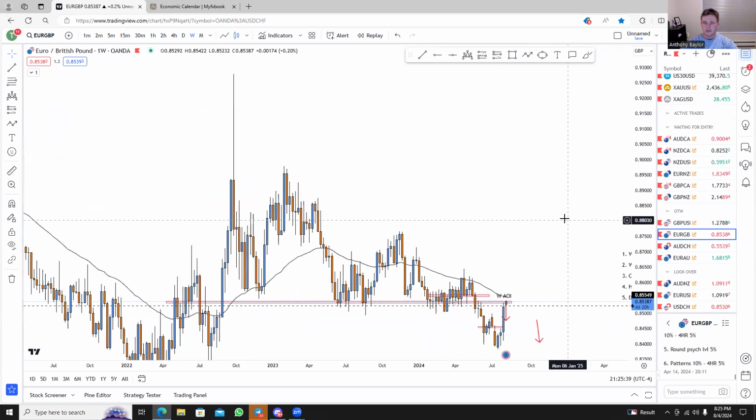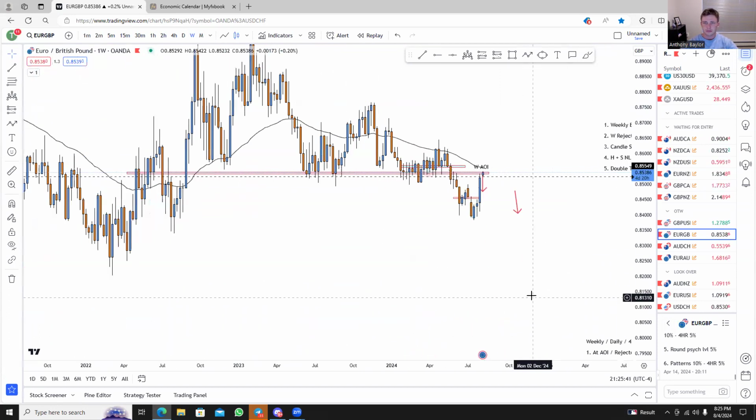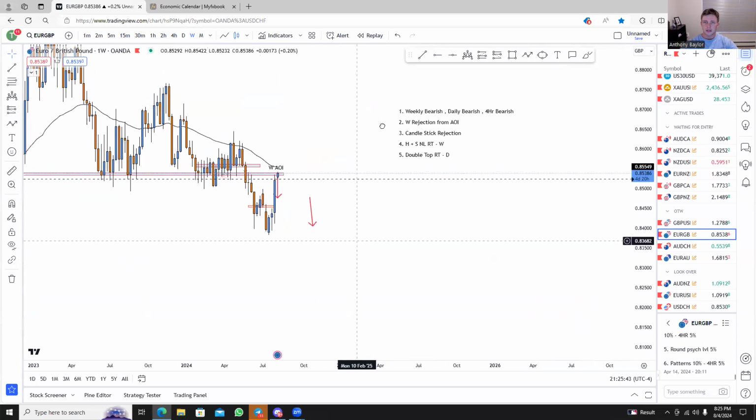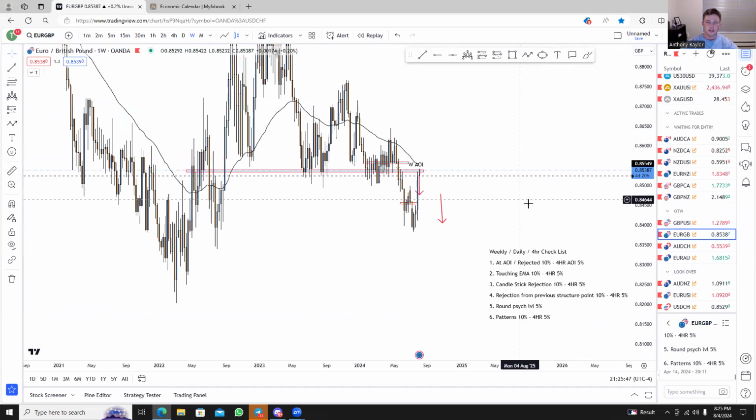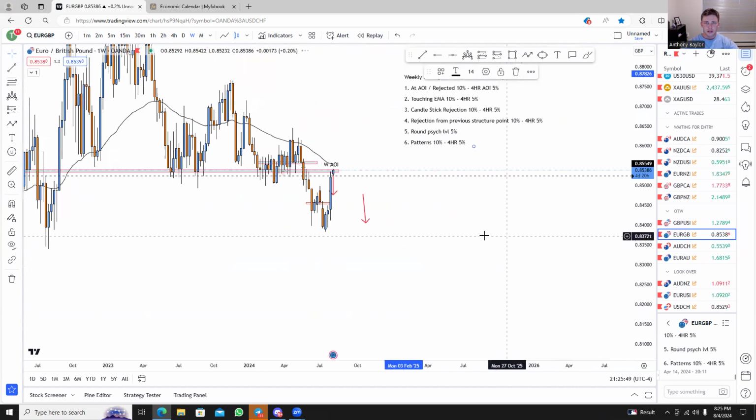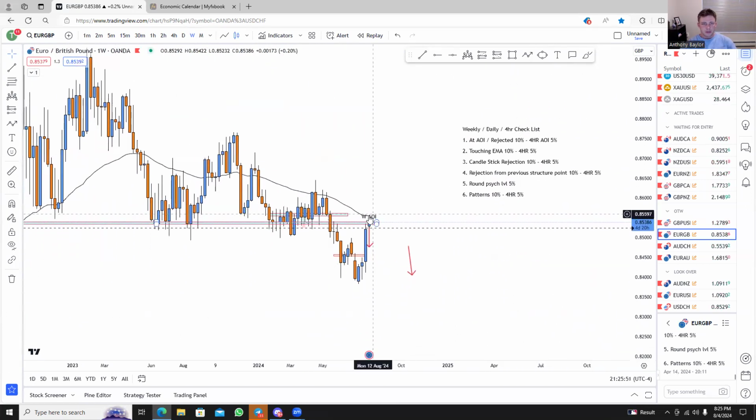Euro GBP. I said, here is our checklist, right? If we were to follow our checklist, weekly is bullish. Remember, we have to have 2 consecutive time frames in sync to be interested in a trade. So it has to be the weekly and the daily, or the daily and the 4-hour. It can't be the 4-hour and the weekly.